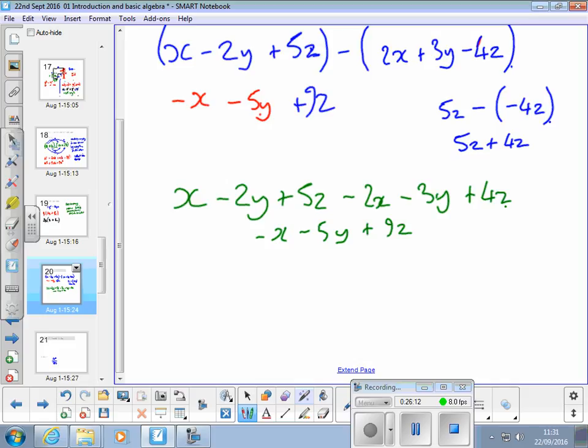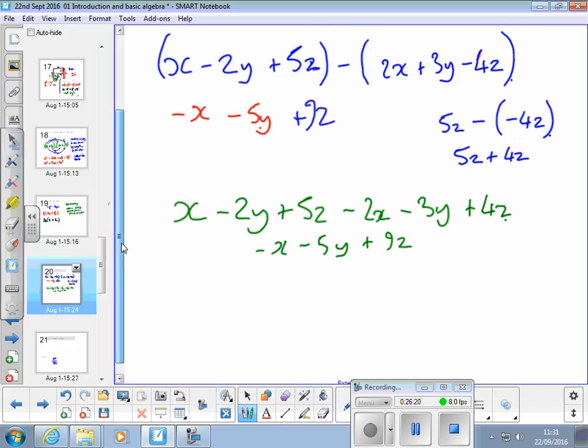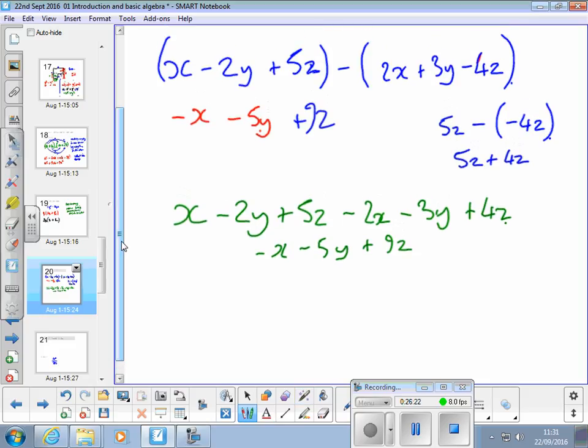Another way to deal with this problem is, where you've got an expression with terms like this, we could write it in this way. x minus 2y plus 5z, subtract 2x plus 3y minus 4z.